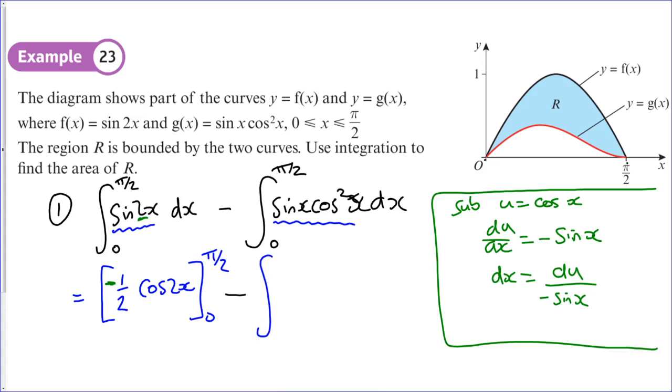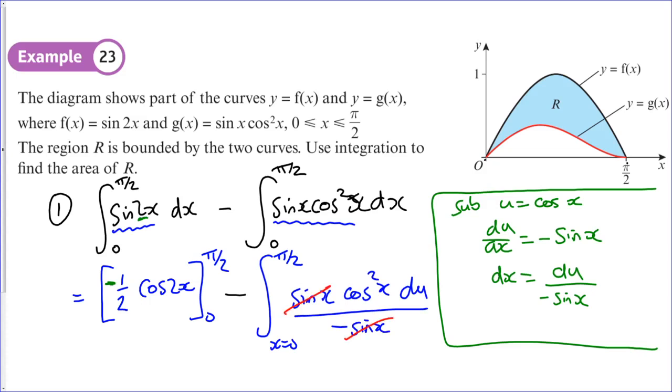Let's make sure we get the right limits on. x equals 0 to pi by 2 of sin x cos squared x du over minus sin x. We get a bit of cancelling here. We get this sin x cancelling with this sin x, and we can actually, if we want, cancel the minus here and the minus here to get a plus.